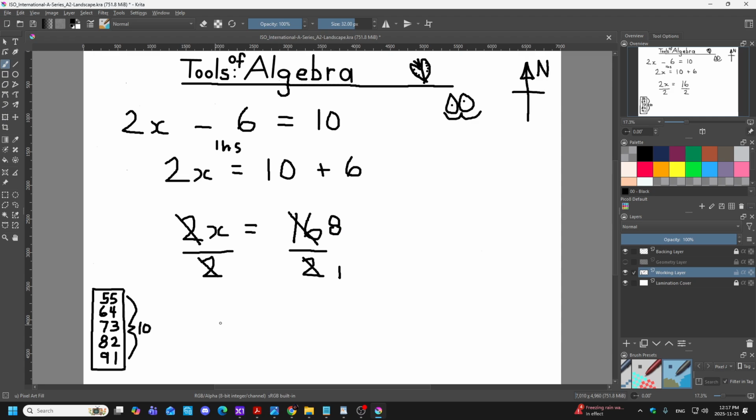Showing the work, we have x equals 8. All right, there we go. And dropping the A's. So instead of task failed successfully, we have task successfully success.